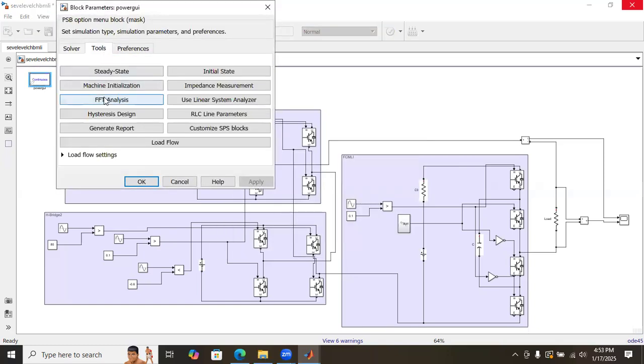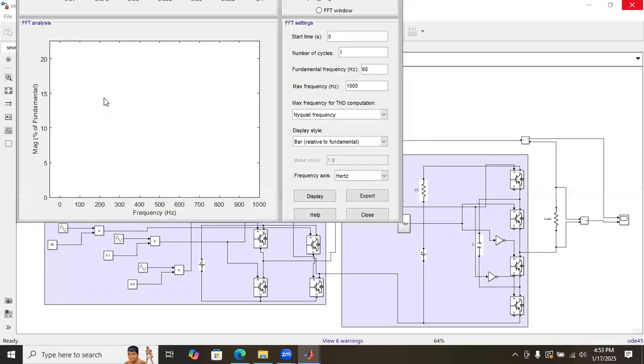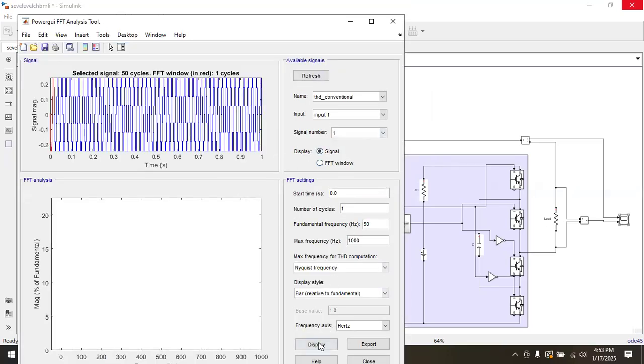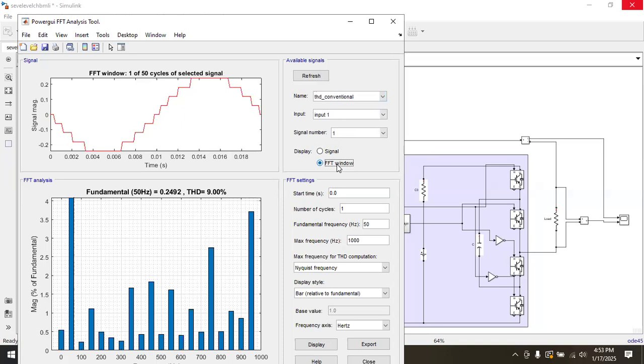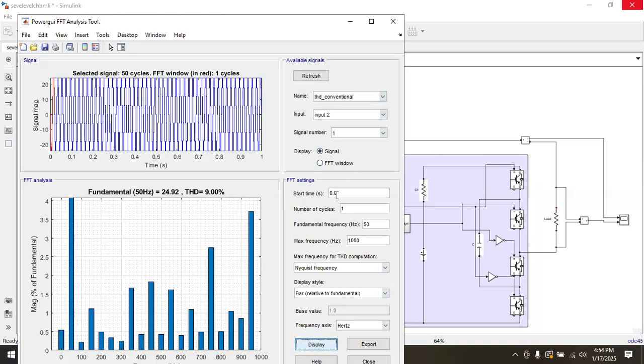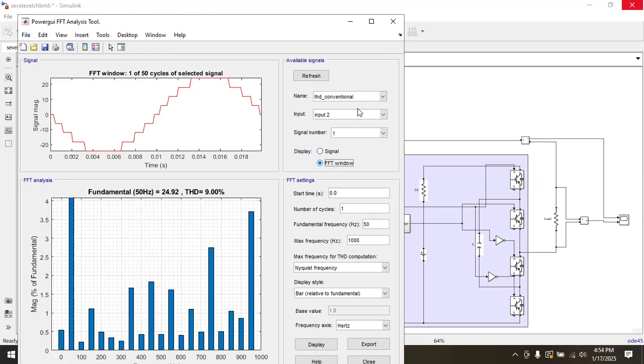Also, we are getting 9% as the THD here.